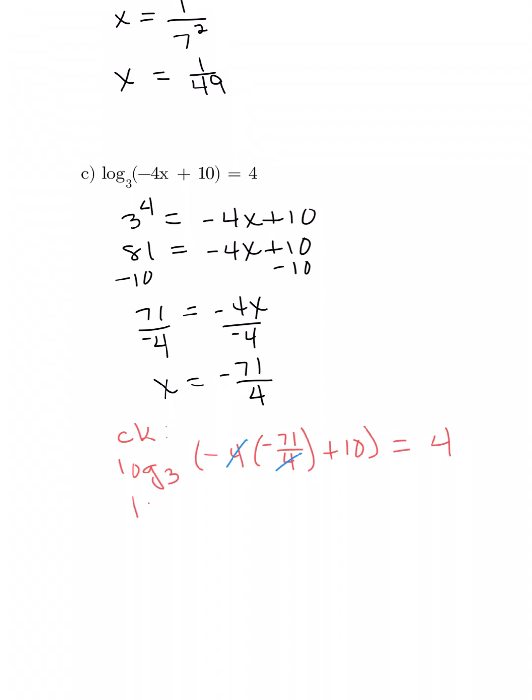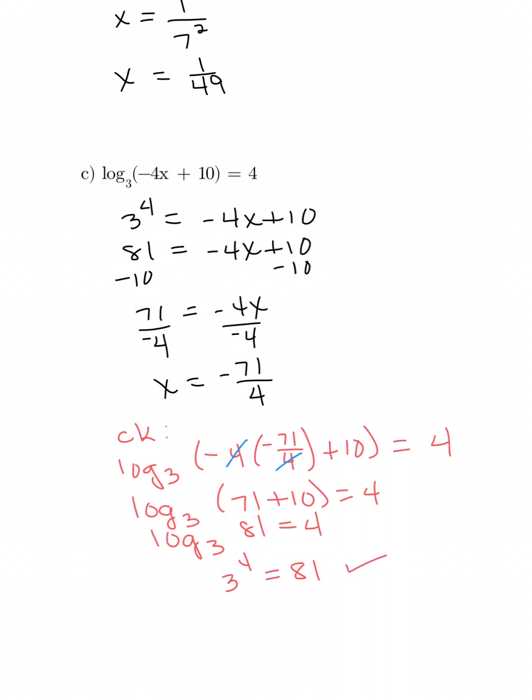So we now have log base 3 of 71 plus 10 equals 4. So we have log base 3 of 81 equals 4. If we rewrite that in exponential form, we get 3 to the fourth equals 81. Does our answer check? Yes.